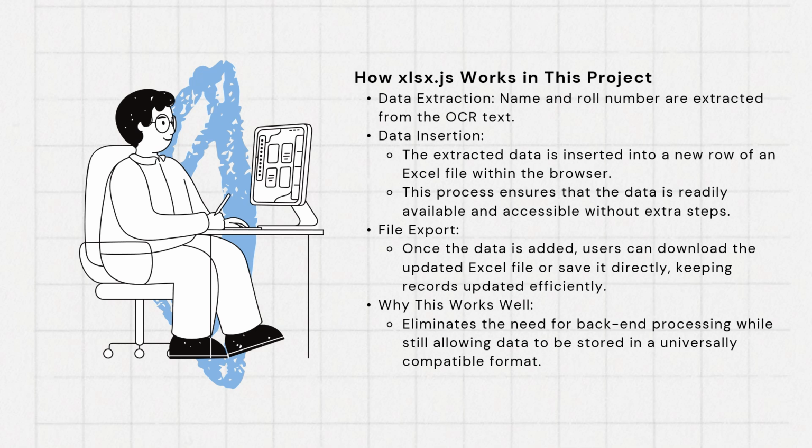File export: once the data is added, the user can download the updated Excel file or save it directly, keeping records updated efficiently. Why this works well? It eliminates the need for backend processing while still allowing data to be stored in a universally compatible format.